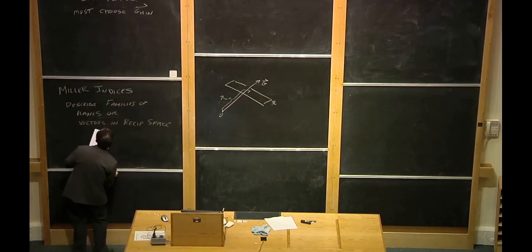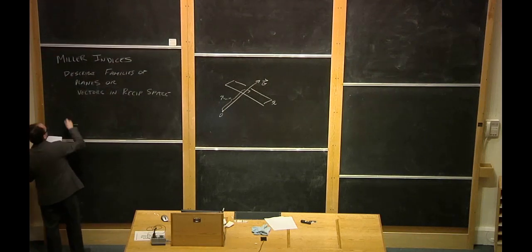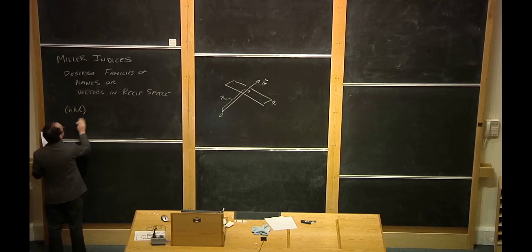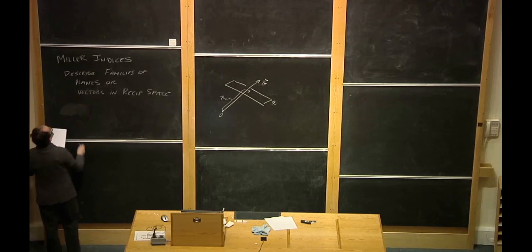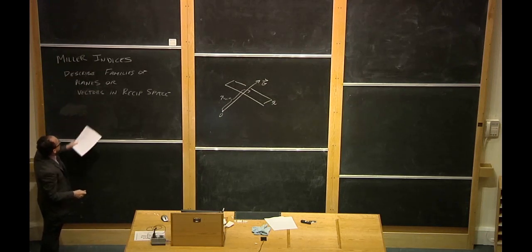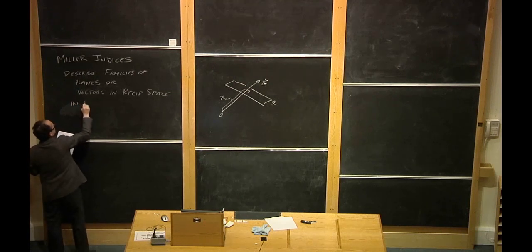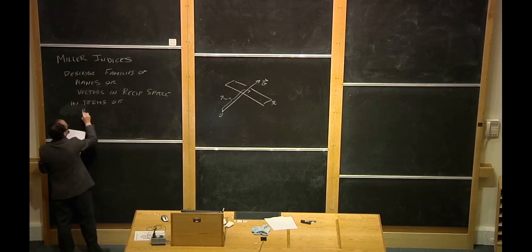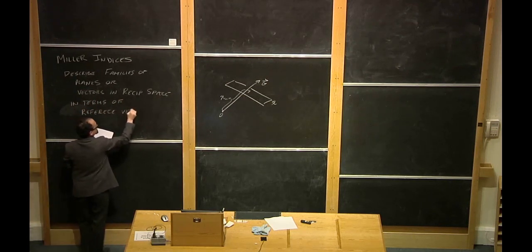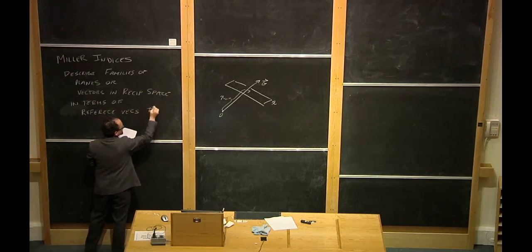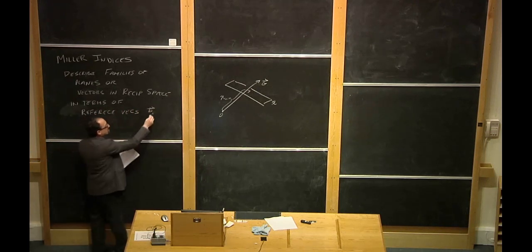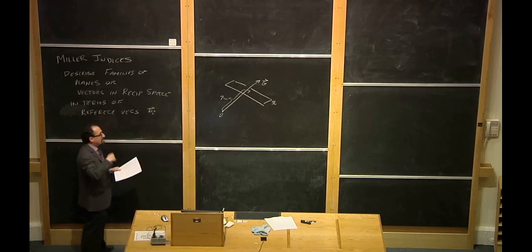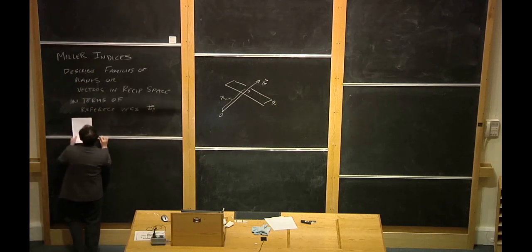The idea of a Miller index is that you write in parentheses (hkl) to mean, actually, before I do that, we describe families of planes or vectors in reciprocal space in terms of reference vectors b_i. These b_i's, very important, may be primitive reciprocal lattice vectors, or they may not be.